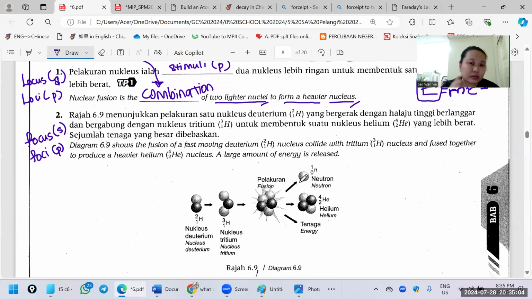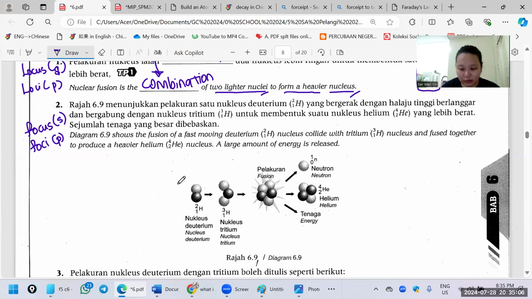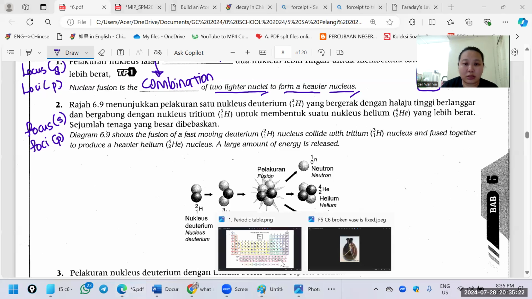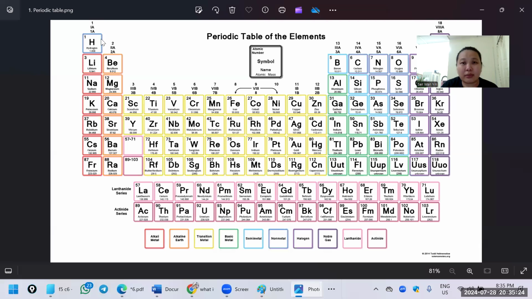Okay. So now how is it? Actually this is the fusion in the sun. Why do we get heat energy from the sun? Because the sun has nuclear energy, always bombing there, bombing here. So here, this is hydrogen. I believe you all remember hydrogen is 1, 1, means it only has one proton.